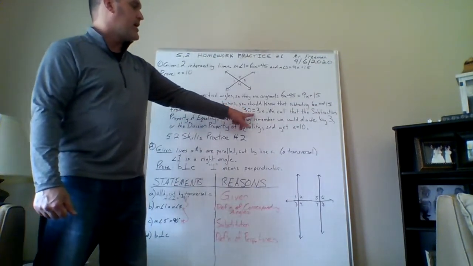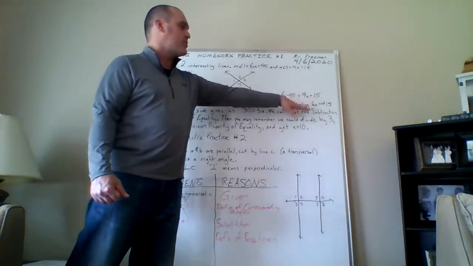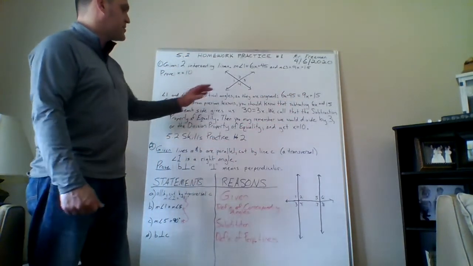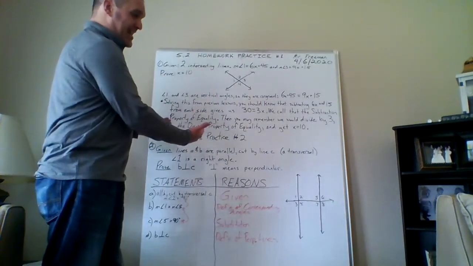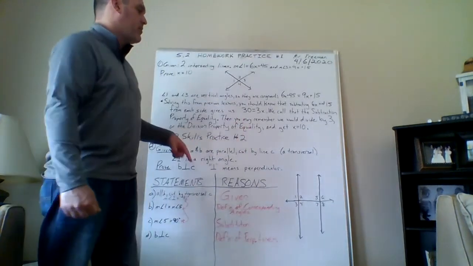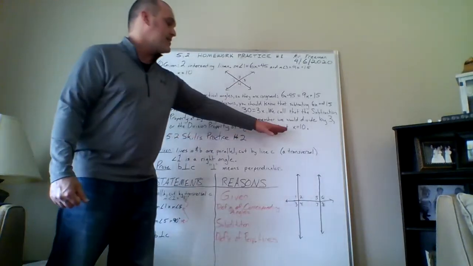We call that the subtraction property of equality. To know that you can subtract those things from both sides, that's technically called the subtraction property of equality. If we subtract them from both sides, that keeps them equal. Then we would divide by 3 and get x equals 10.